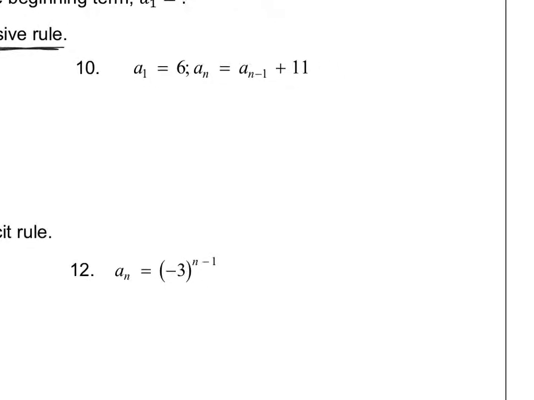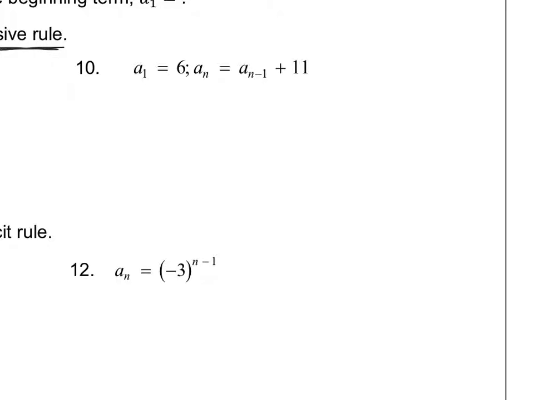Okay, now on number 10, they've given us a recursive rule that's adding 11. So we already know that this is an arithmetic table. So let's write down an arithmetic table. All we really ever learned to do on this was stat edit. So that's what we're going to do.